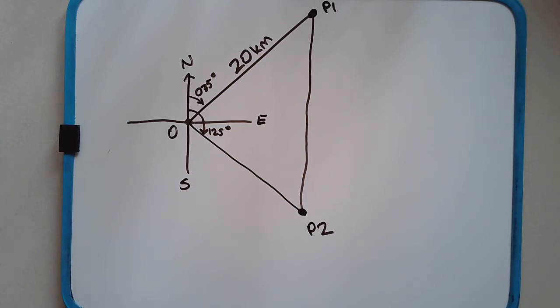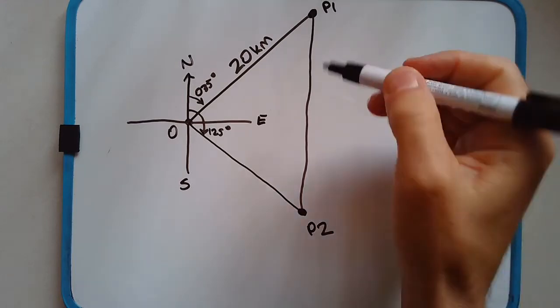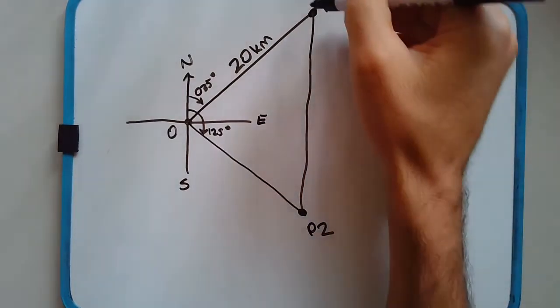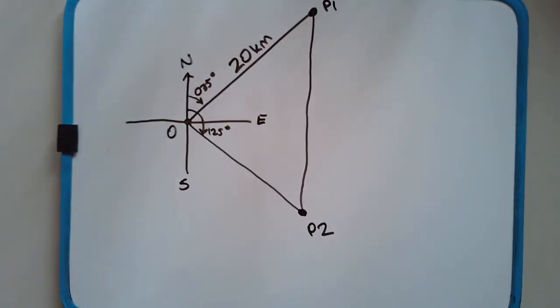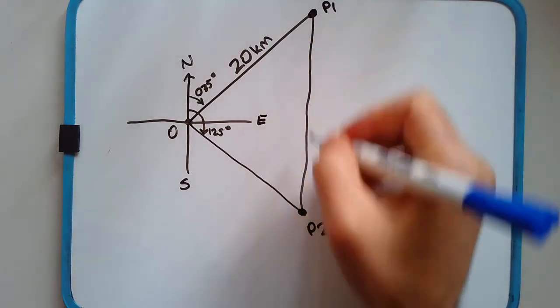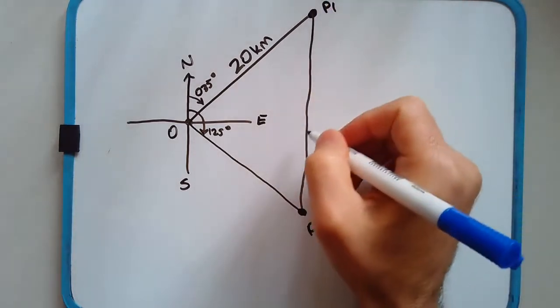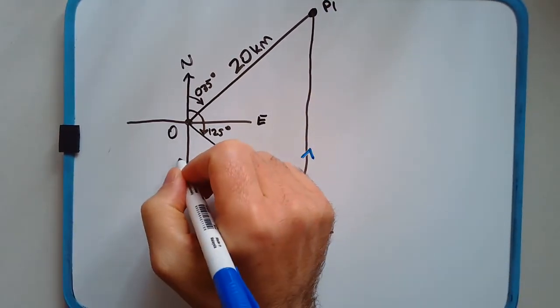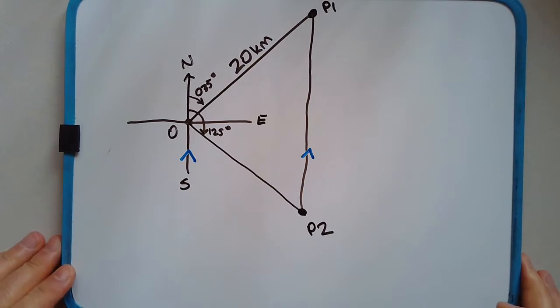So let's see how we can solve this one. Now, P2 is south of P1, or P1 is north of P2. So let's see if we can add a little bit of extra information to this diagram that's going to help us. That means that if P1 is north of P2 or P2 is south of P1, this line and this line are in fact parallel to each other.